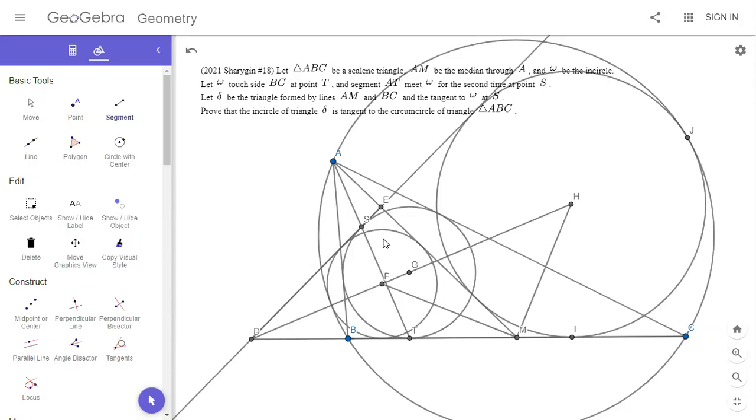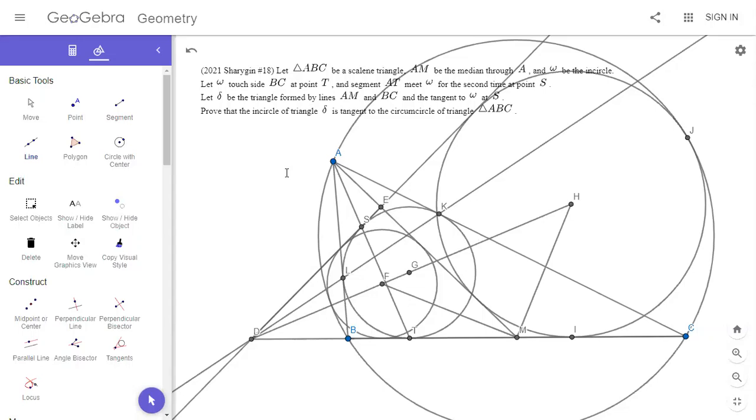So I don't think, yeah, our BCT, I think this, does KL pass through D? Yes. So D, B, C, and T are in harmonic conjugation. Basically, we need to show the common tangent of those two Thebault circles cuts BC at a point that's in harmonic conjugation.